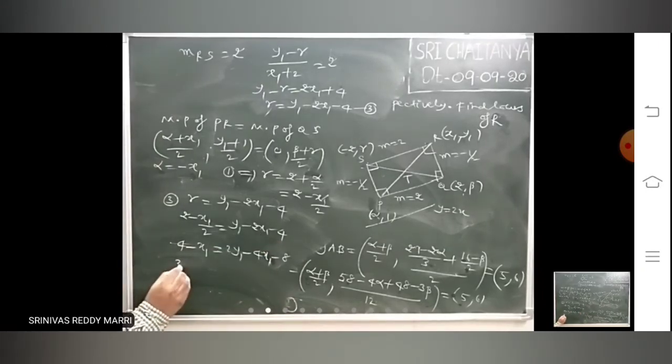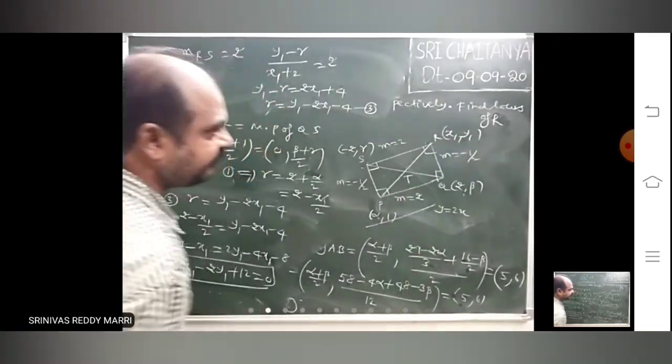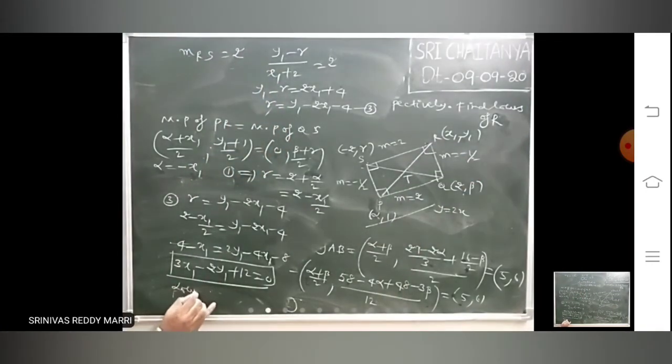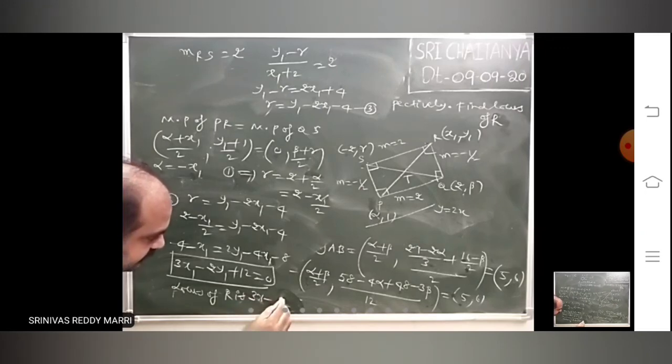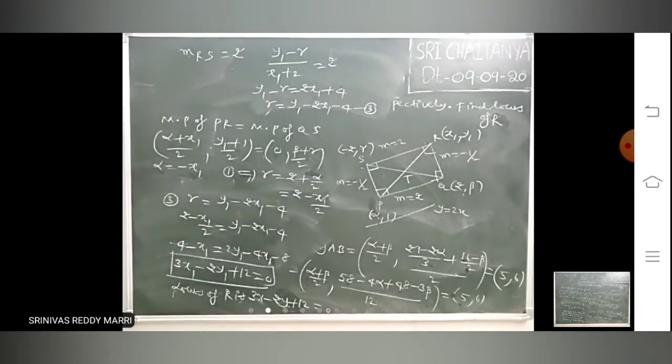Bring this side: 3x1 minus 2y1 plus 12 equal to 0. Now every variable is eliminated and you got an equation in x1, y1. Therefore, the locus of R is 3x minus 2y plus 12 equal to 0.